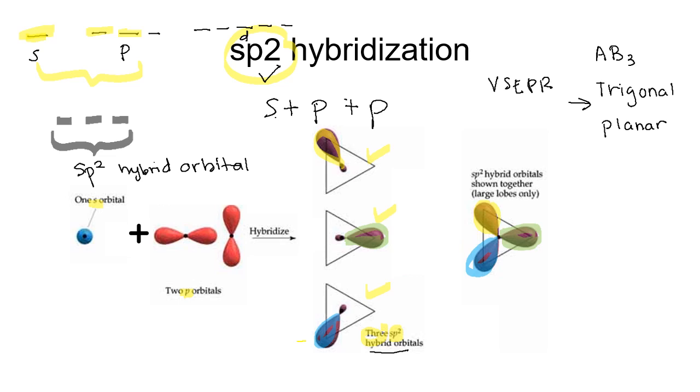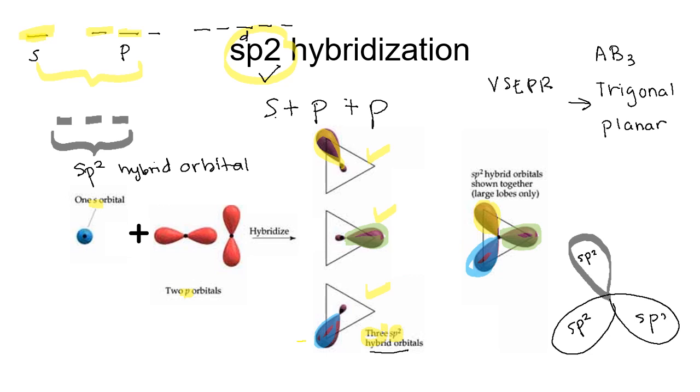So when you want to draw this hybrid orbital, 1. Okay. And the label is sp2. Okay, so there you go. Trigonal planar with bond angle 120 degree.